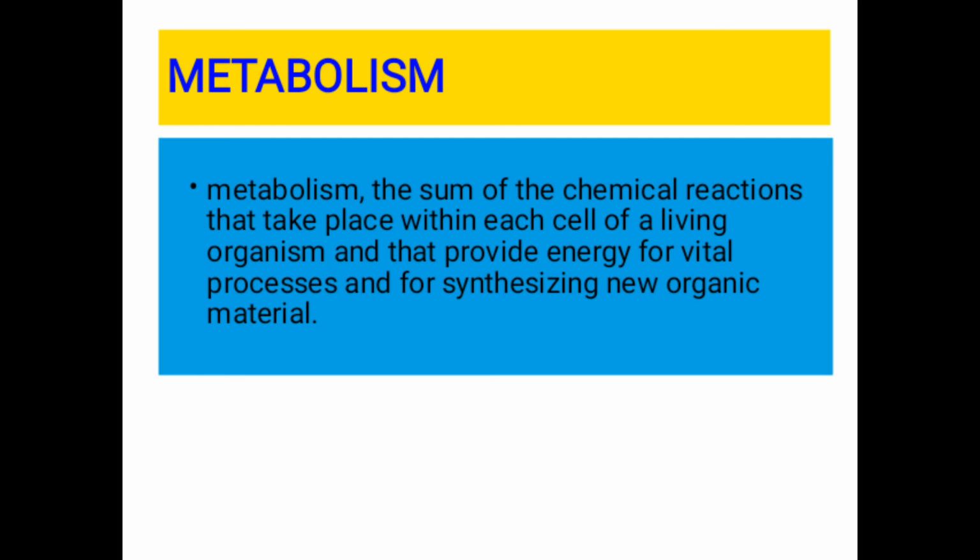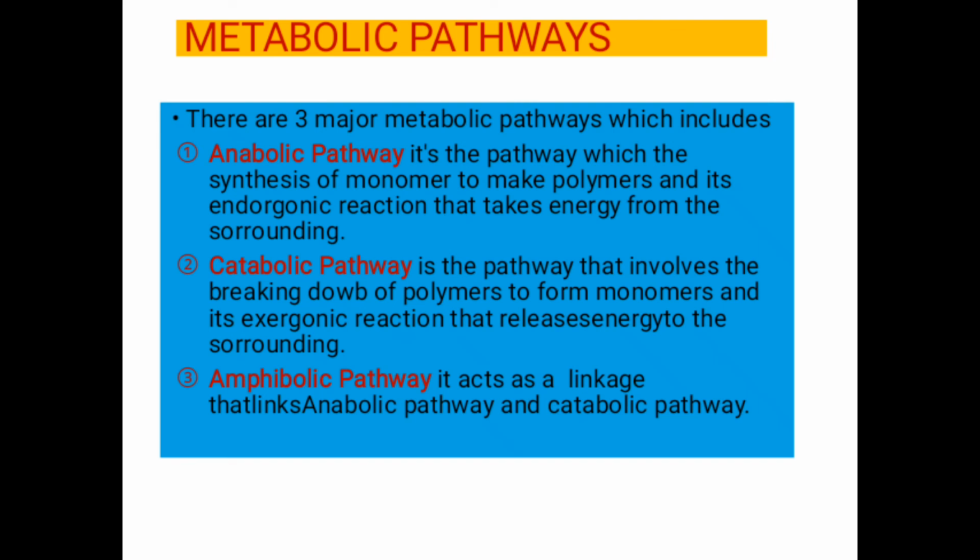After understanding the definition of metabolism, I'll now introduce you to the metabolic pathways. There are three major metabolic pathways, which include the anabolic pathway, the catabolic pathway, and the amphibolic pathway. The anabolic pathway synthesizes polymers from monomers. Monomers are small molecules, such as glucose used to synthesize carbohydrate, or three fatty acids plus glycerol to give you lipids, or amino acids to get proteins.